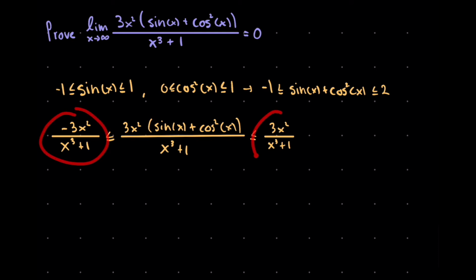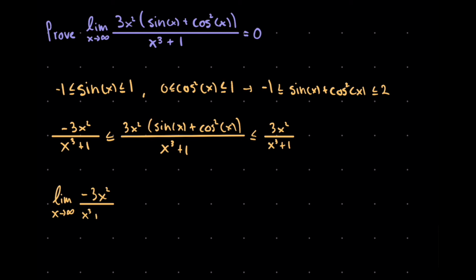So now we're going to look at these two terms and see if they have the same limit as x goes to infinity. So first we take the limit as x goes to infinity of negative 3x squared all over x cubed plus 1. Now we're going to divide both top and bottom by x squared to get the following result.